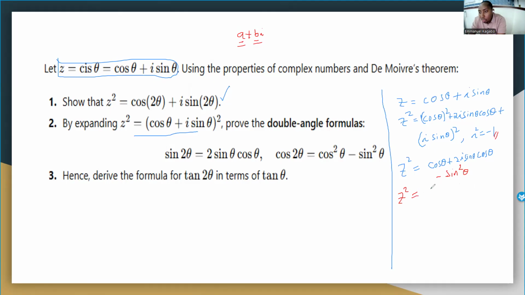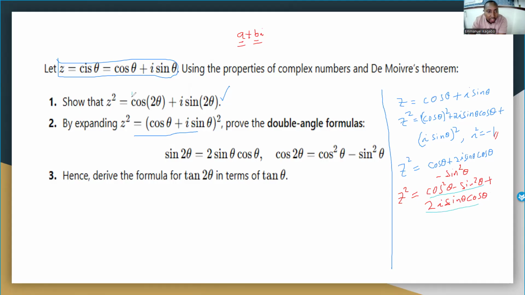So now I'll get cos squared theta minus sin squared theta plus 2i sin theta cos theta, right? Is that okay? Where cos squared theta minus sin squared theta is the real part of my complex number, and this is the imaginary part.